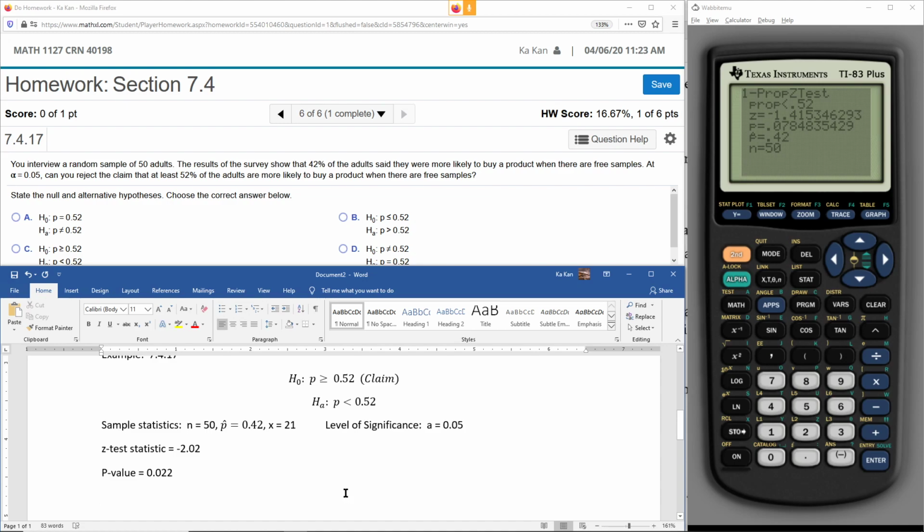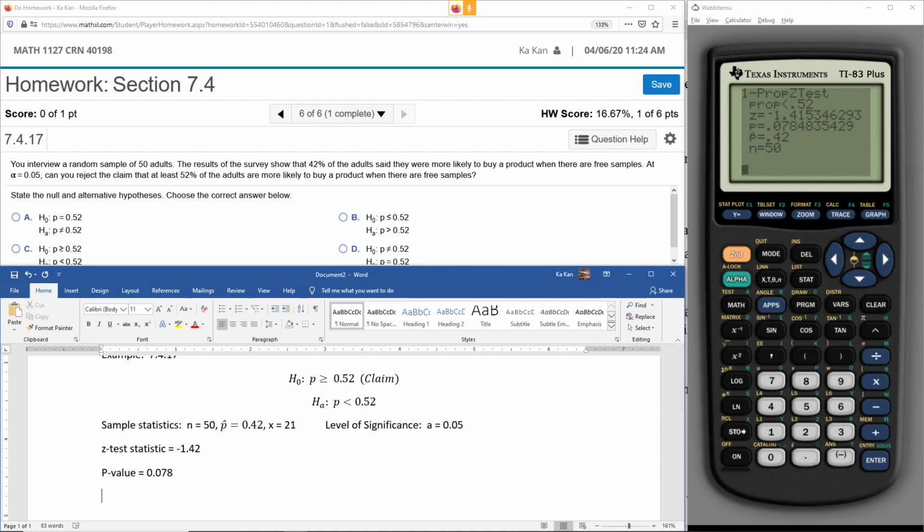So what we got is, let's see. The test statistic would be negative 1.42. And the p-value would be 0.078.